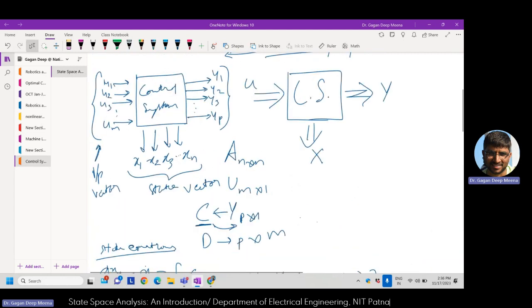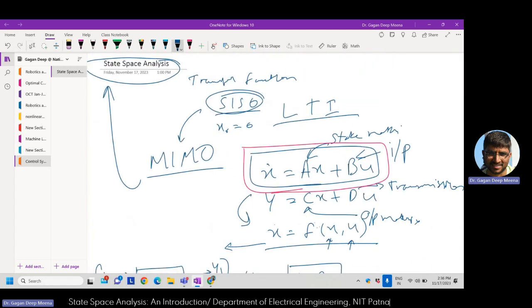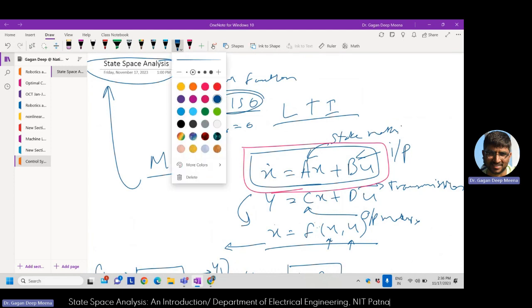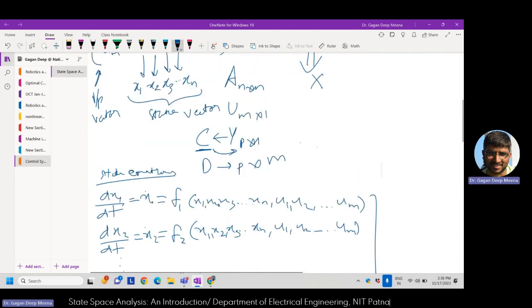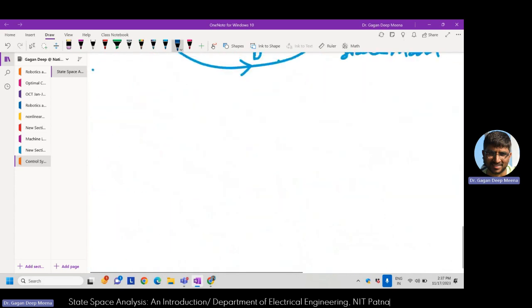So we will take some examples, and we will see how we consider different types of models for representation of a state space model. So let's take one electrical network as example one.